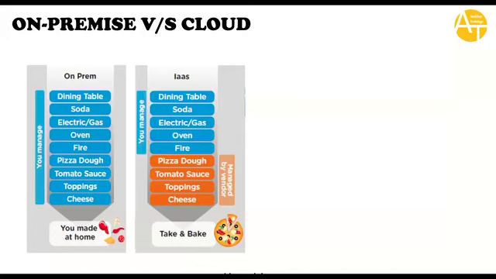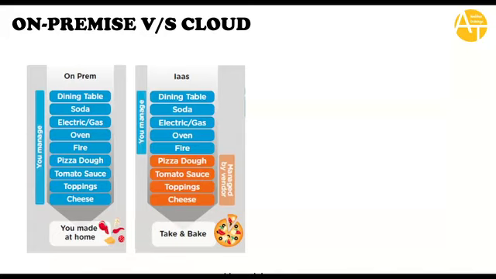I will get it from market, and perhaps I just have to take that out and bake it and eat it. So in this case, I get most of the material from outside, and then I just bring it to my oven. I cook it, I eat it. In that case, I own only the fire, oven, cooking agent plus soda and dining table. Rest of the things I outsource.